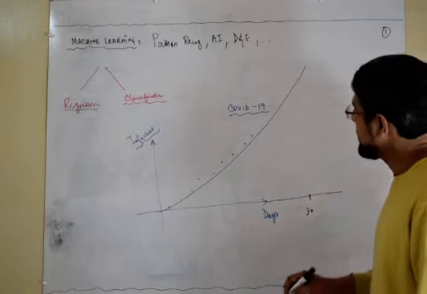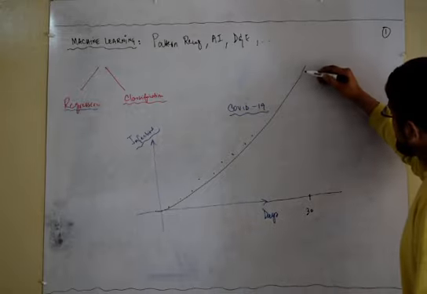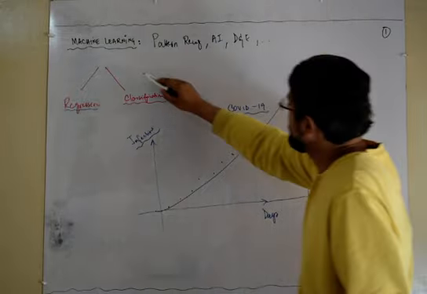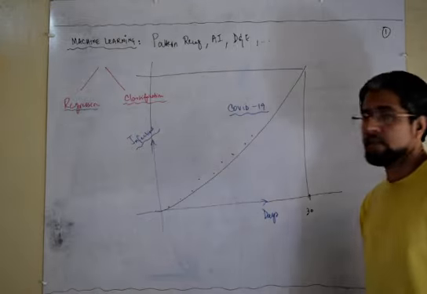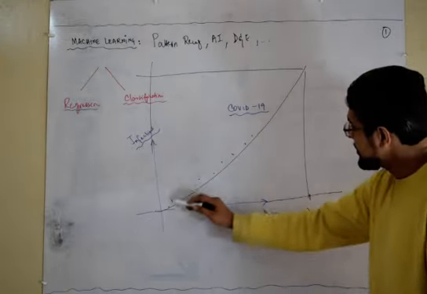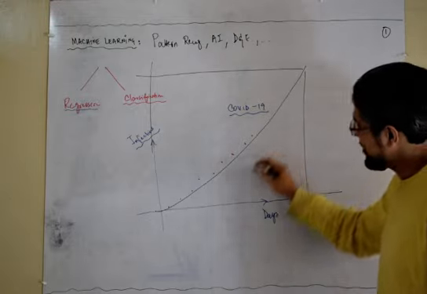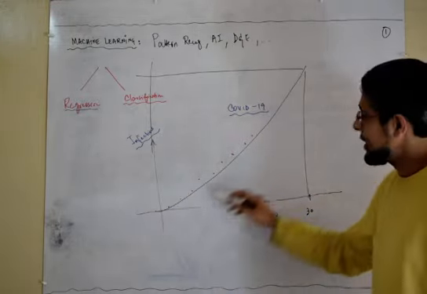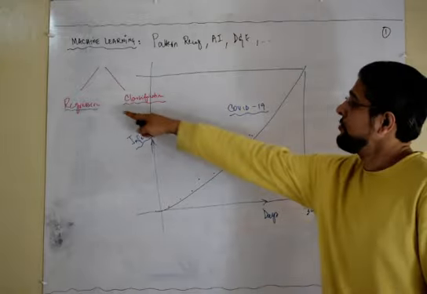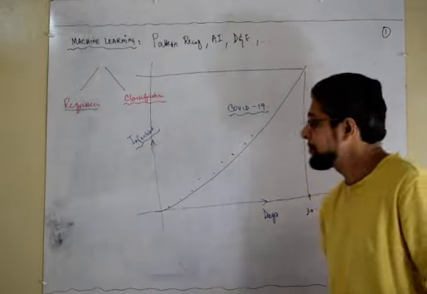Then using this formulation, you can determine that on the 30th day you'll probably have this many infections. Determining the equation of this line or this curve is what is referred to as a regression problem.